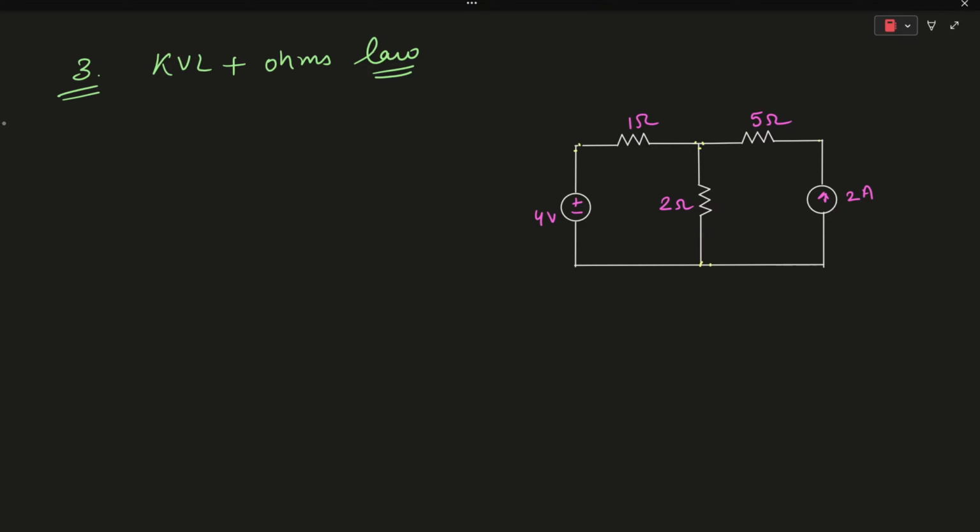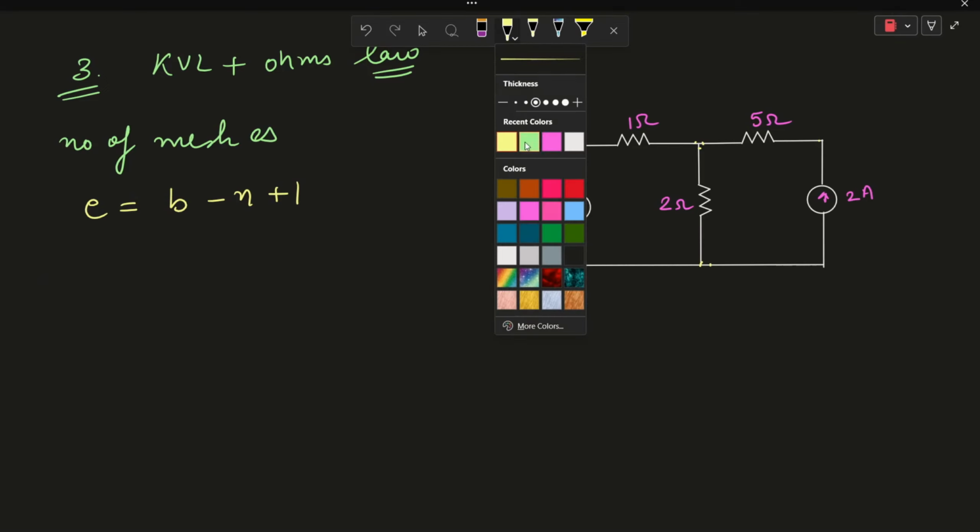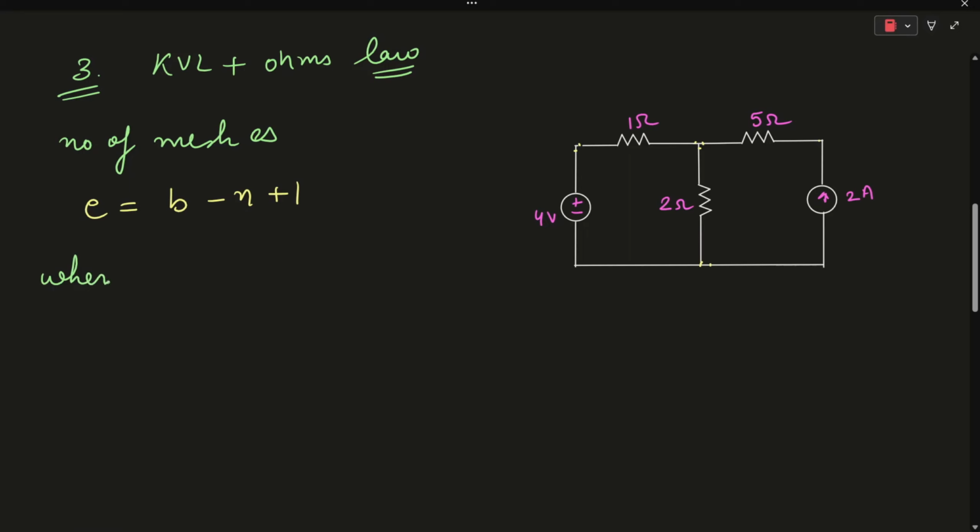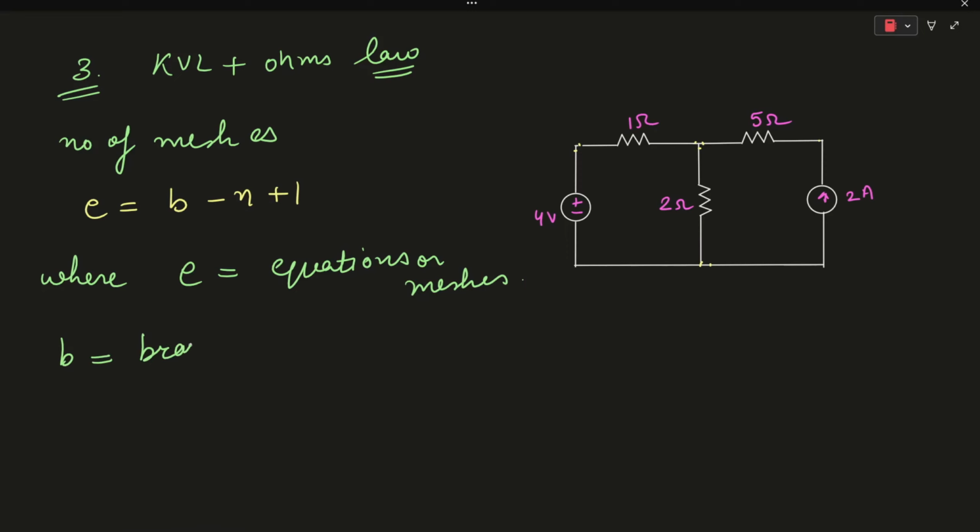We can also find the number of meshes using the formula E = B - N + 1, where E stands for the number of equations, or you can say meshes, B stands for the branches in an electrical circuit, and N stands for the number of nodes in a network.